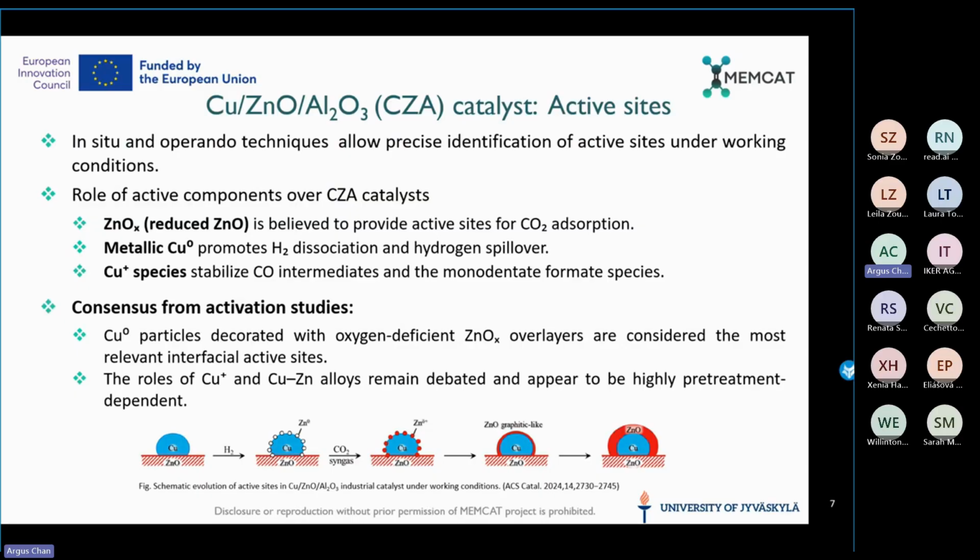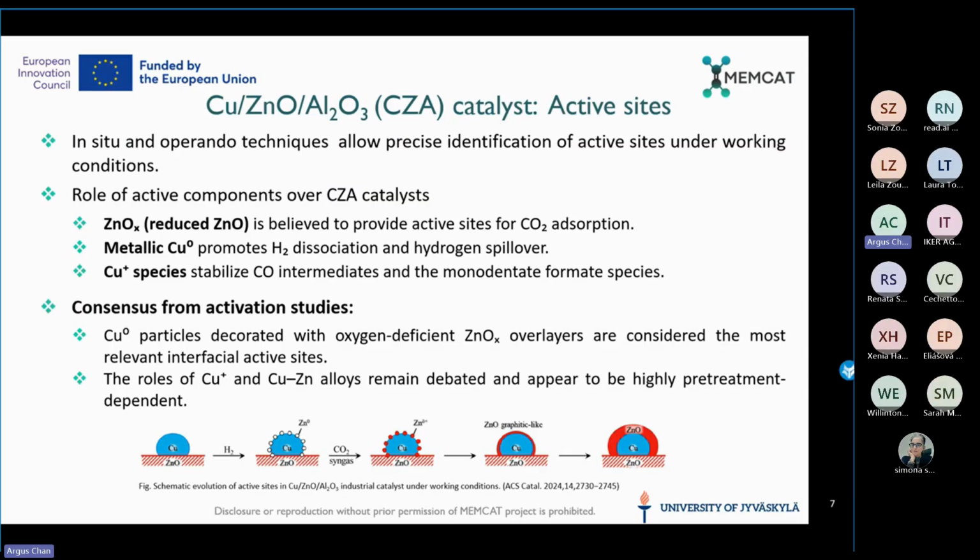You might have a complete zinc oxide film, and then it might grow, and then you introduce all the reactants, you go back, you have some reaction, some bare copper sites, and this is a complete mess for the computational person. Okay. So do we have a reduced zinc oxide in the model? Do we need a metallic copper? Do we need copper plus ions? How about the alumina support? Do we need some aluminium atoms in our systems?